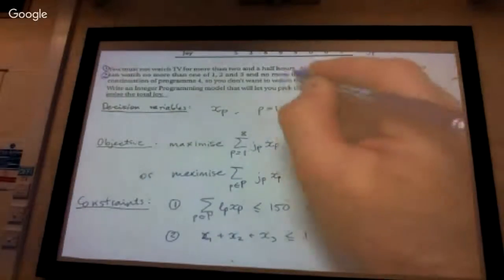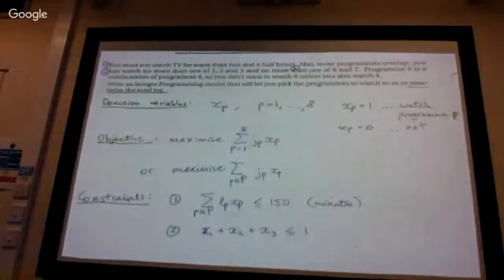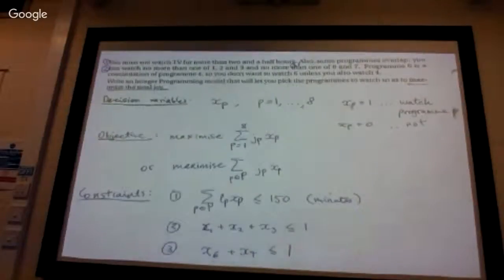And no more than one of 6 and 7. Well, that's also obvious. So x6 plus x7 is at most 1.